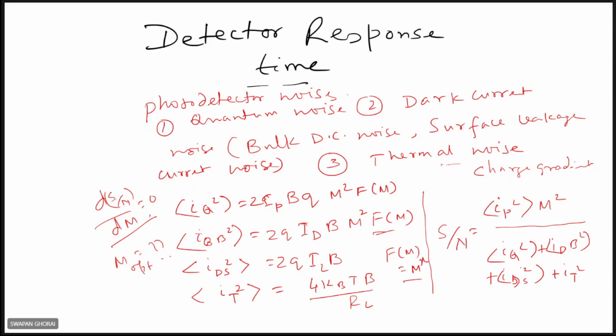We saw last time that the signal to noise ratio is the ratio of the signal power from the photocurrent.